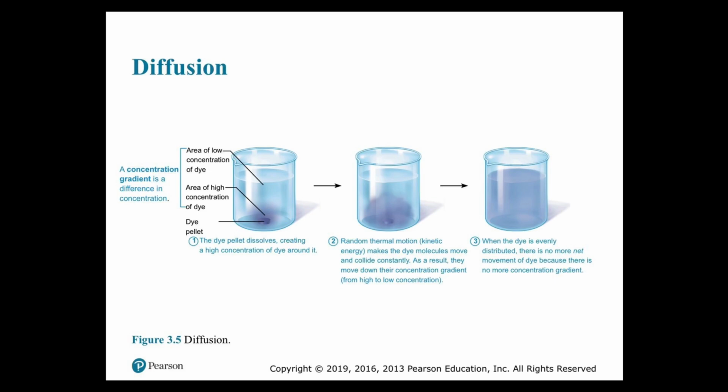Then over time, the random thermal motion, kinetic energy, makes the dye molecules move and collide against each other constantly. And as a result, they move down their concentration gradient from high to low. And when the dye is evenly distributed, then there's no more net movement of dye because there's no more concentration gradient.